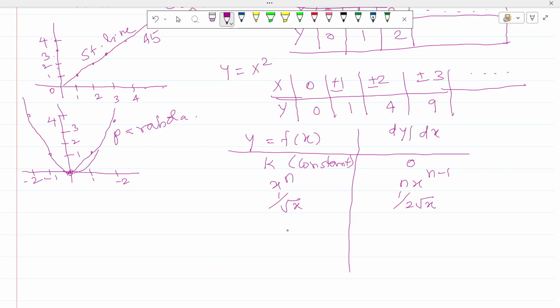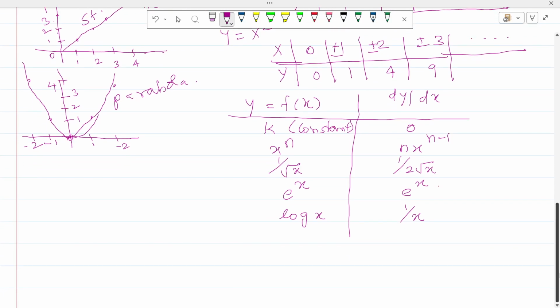Next one is, in case f of x is e power x, then e power x. Then log x is 1 by x. Good. We can go through this one by one quickly.